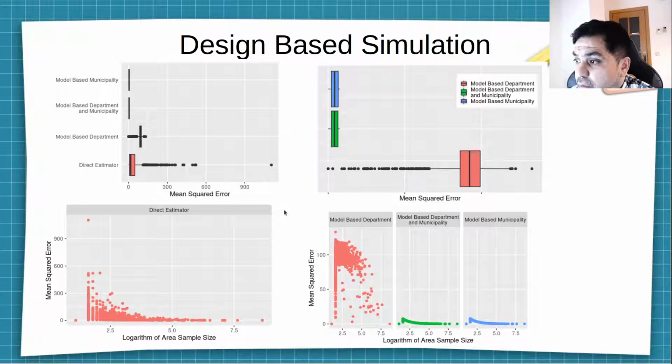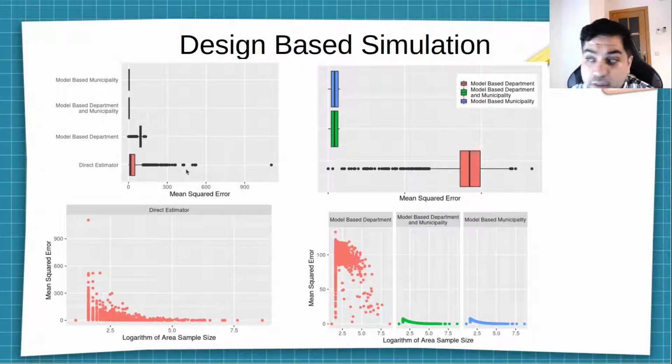For mean square error, we can see again that the direct estimator has some big mean square errors even in this scheme. But one surprising thing is that the model-based one that only uses department, which is misspecified, has on average even bigger mean square errors than the direct estimator.